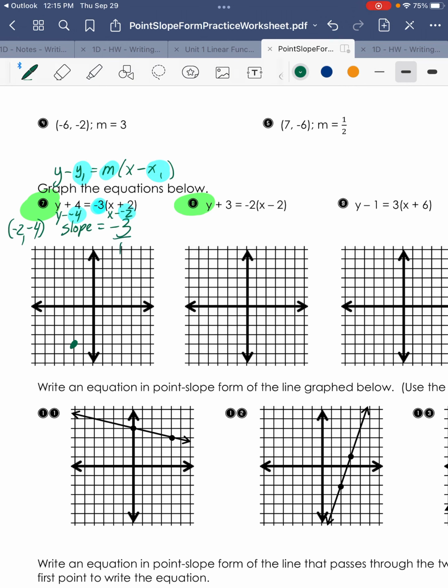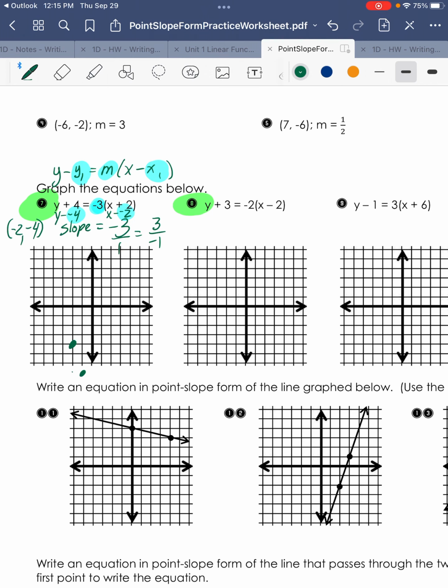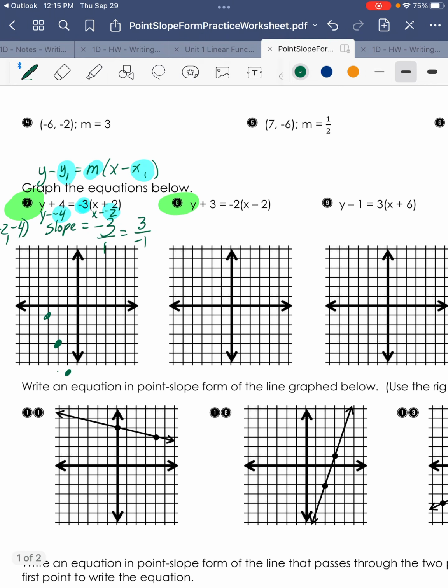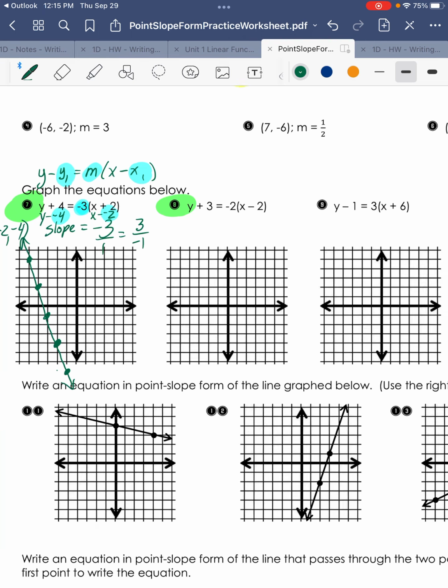Now I'm going to use that slope represented as a fraction, so down 3 and right 1. Now that is off the graph, so I can go up 3 and left 1. Up 3, left 1. And if we draw a line through, that is our graph that will represent that equation.